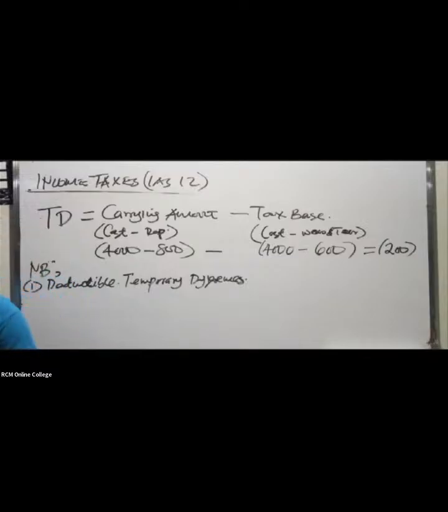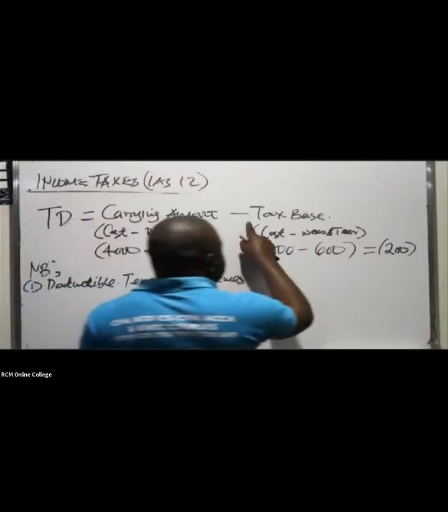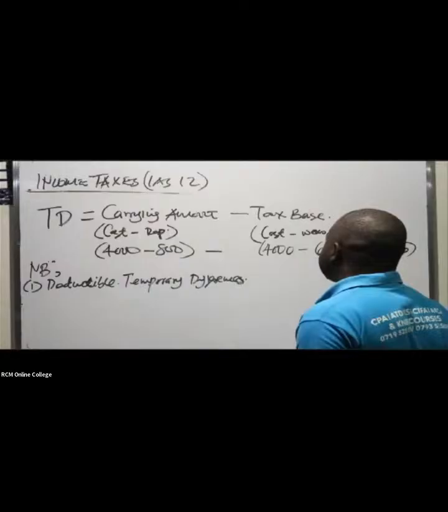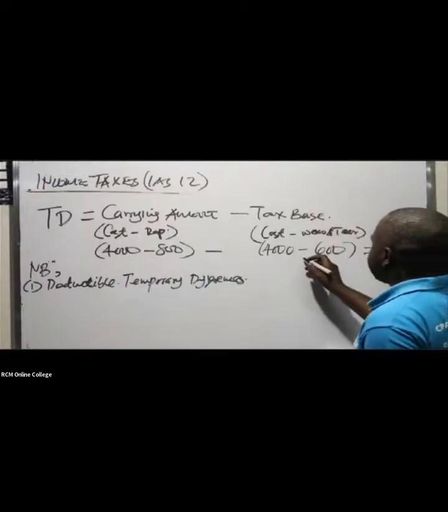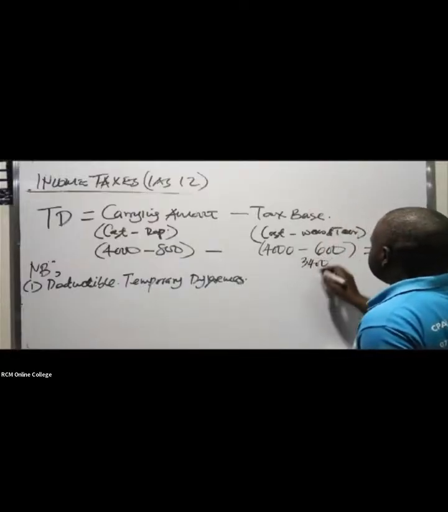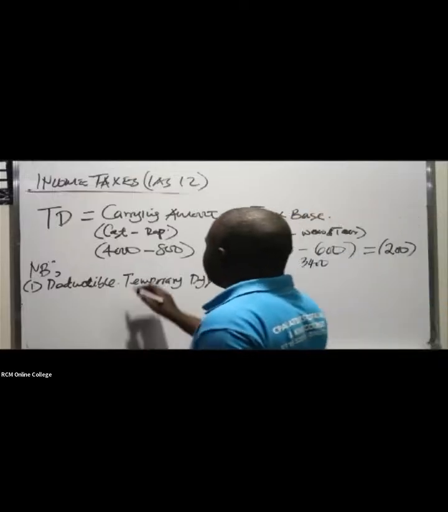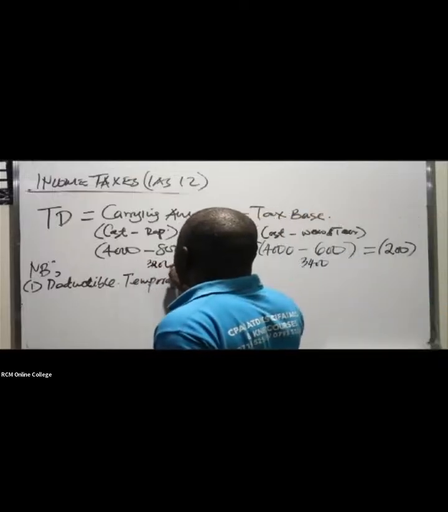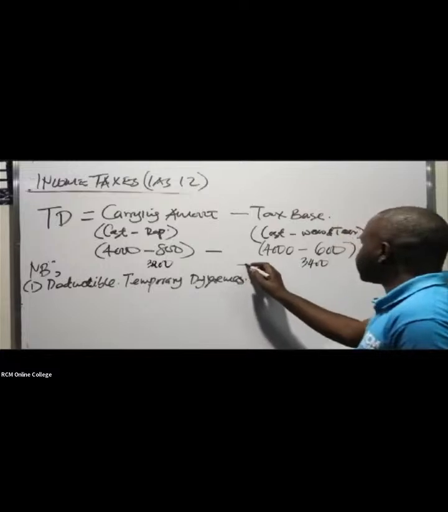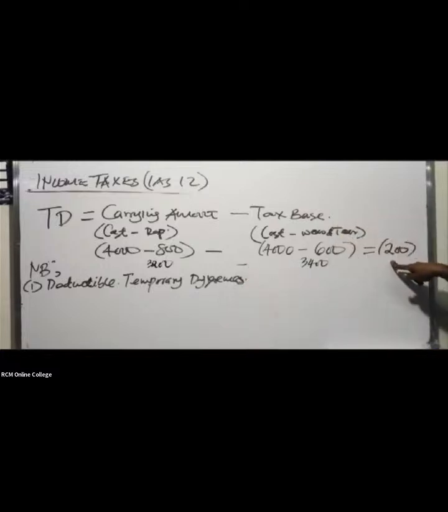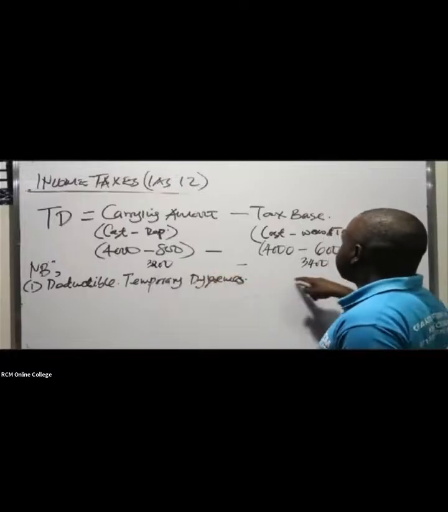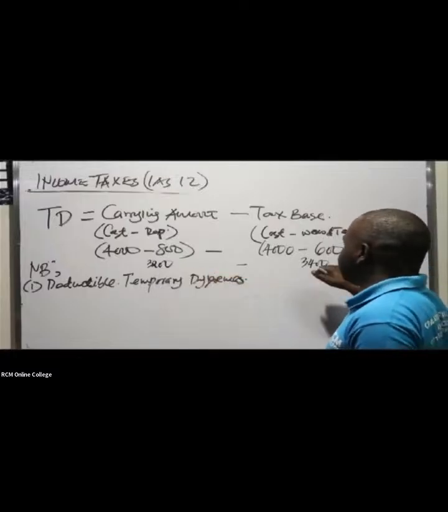You see in this case here, the tax base comes to 3,400, and the carrying amount comes to 3,200. So when you subtract, you get a negative.